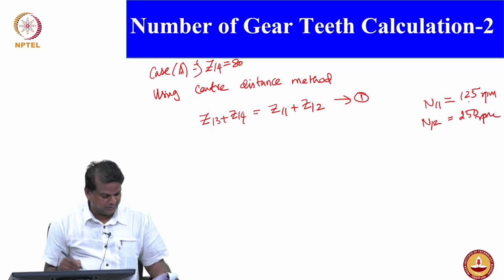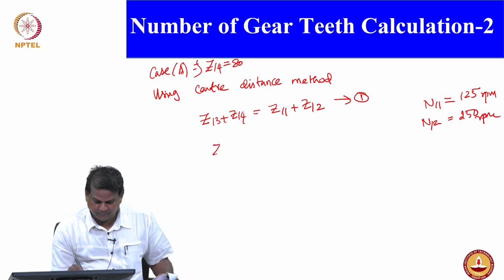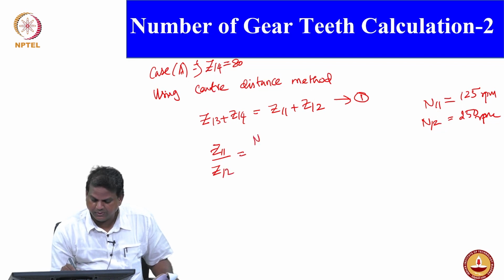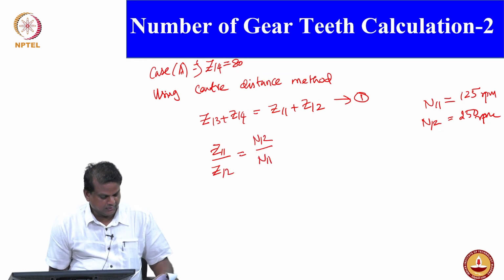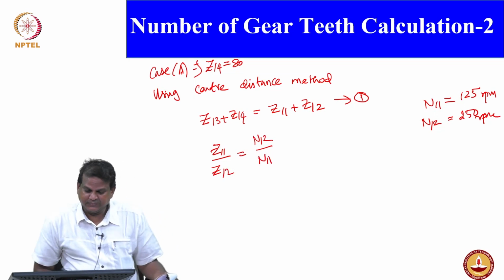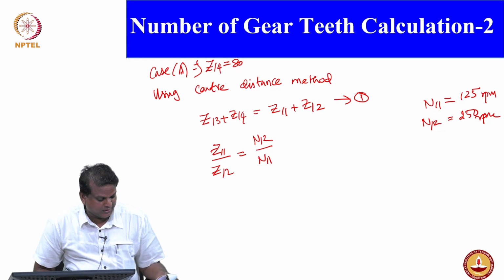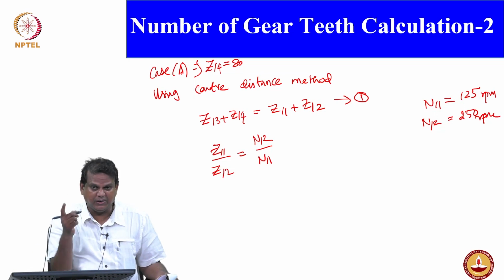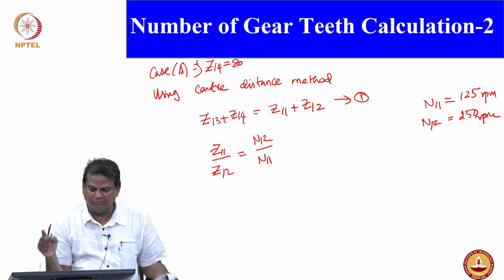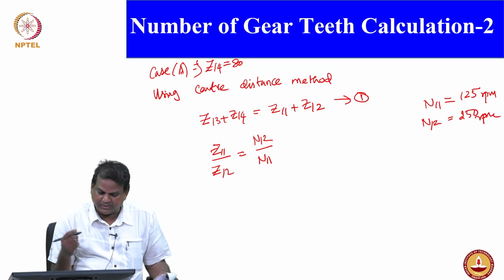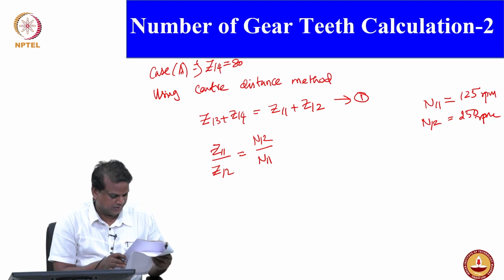So Z11 and Z12 equal to N12 over N11. One more interesting thing is that you are increasing the speed from 125 rpm to 250 rpm, which is already known from the speed if you look at this, in the second pair of gears.